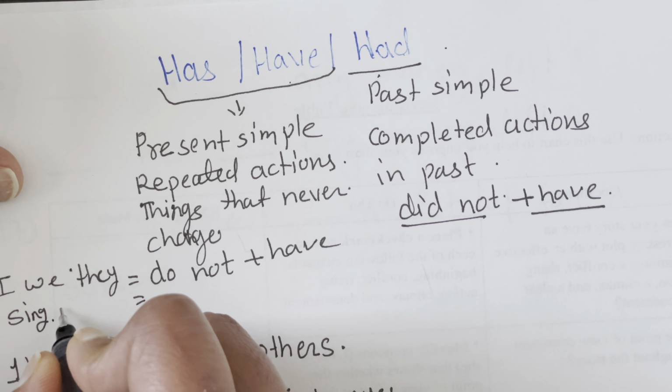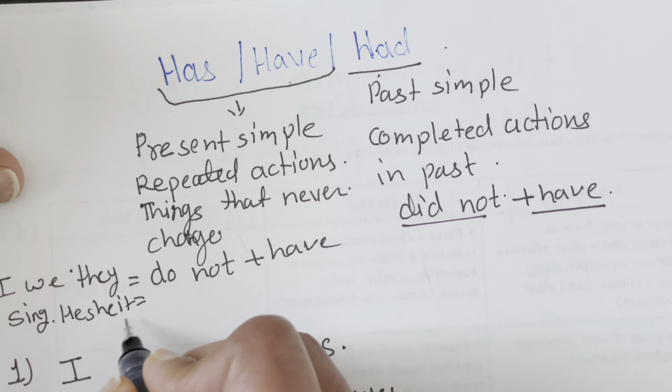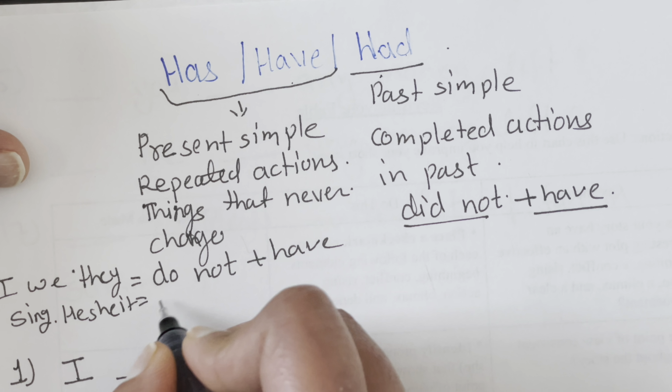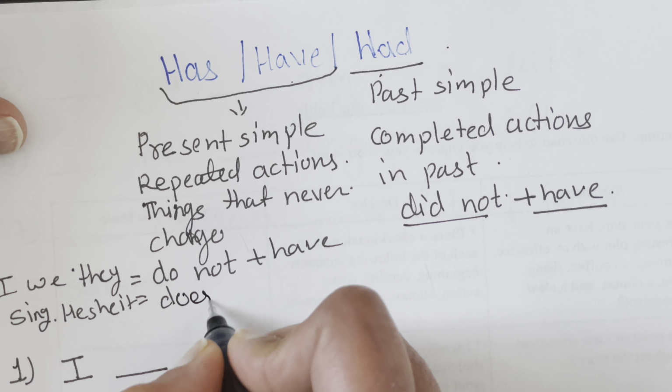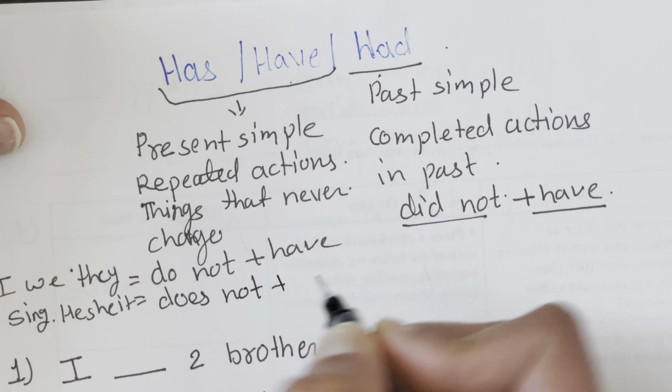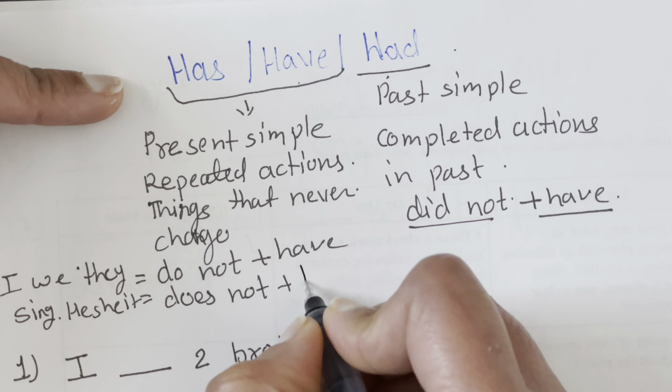With he, she, it, we use has. Then to make has negative we will use does not plus, instead of has, we will use have.